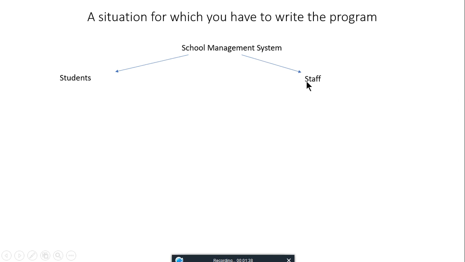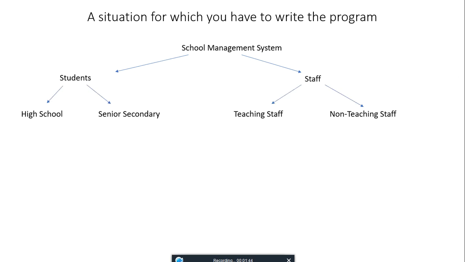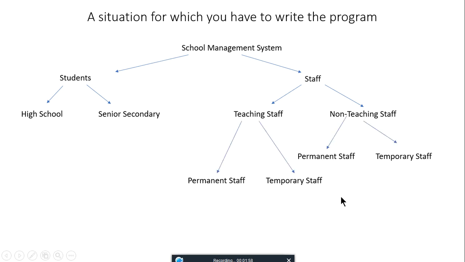Then if we modularize the code further, students can be categorized into high school students and senior secondary students, and similarly staff can be categorized into teaching staff and non-teaching staff. Then further, teaching staff and non-teaching staff can be divided into permanent and temporary staff.